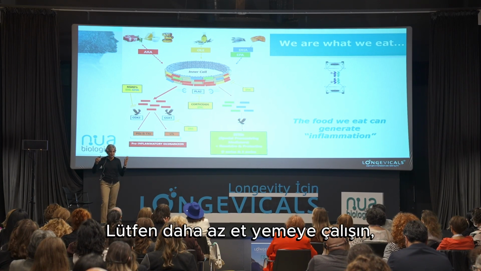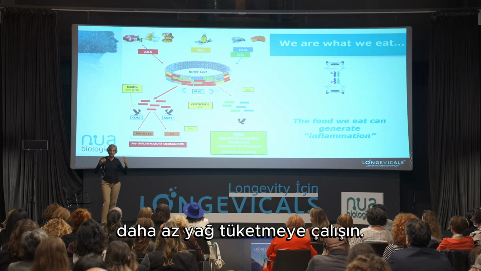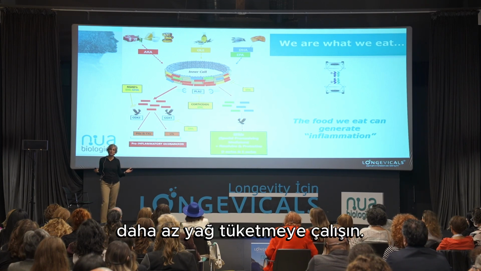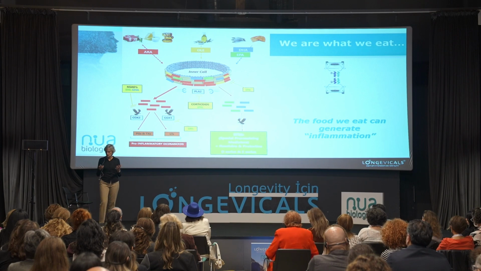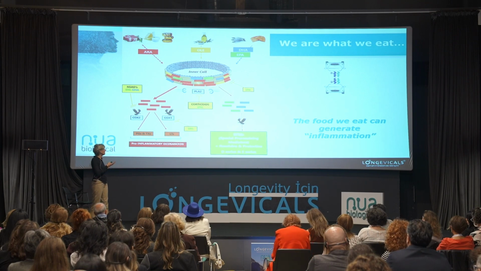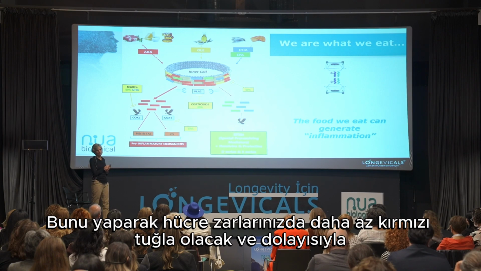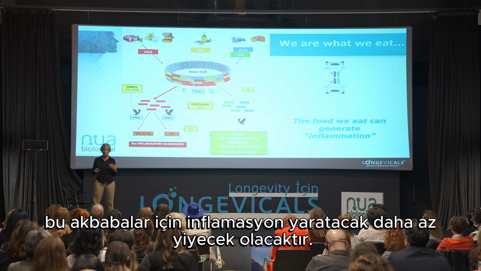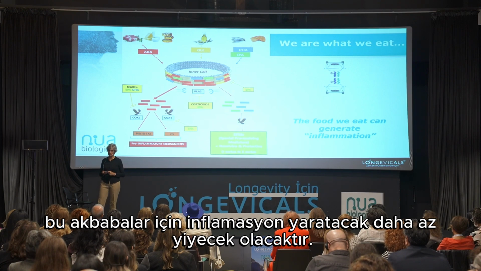Please try and eat less meat, less fat generally, because by doing that, you're going to have less red bricks in your cell membranes, and therefore less food for these vultures to create inflammation.